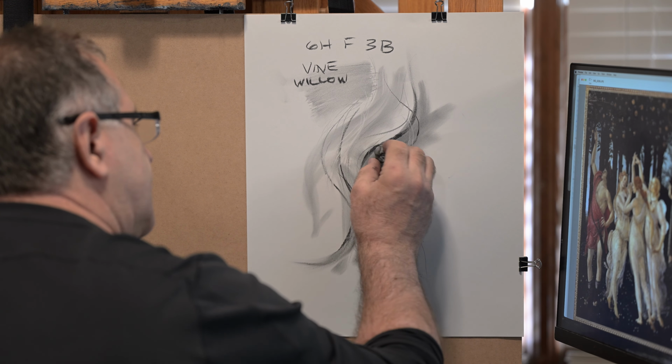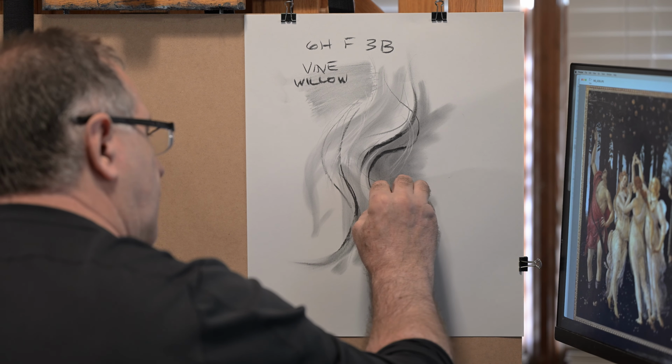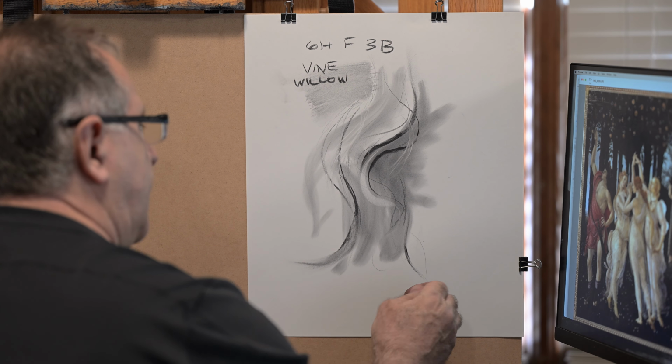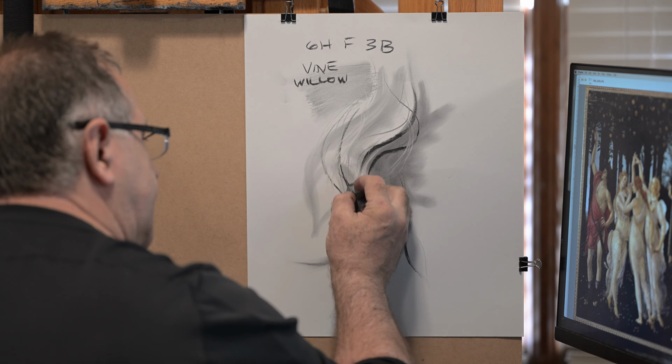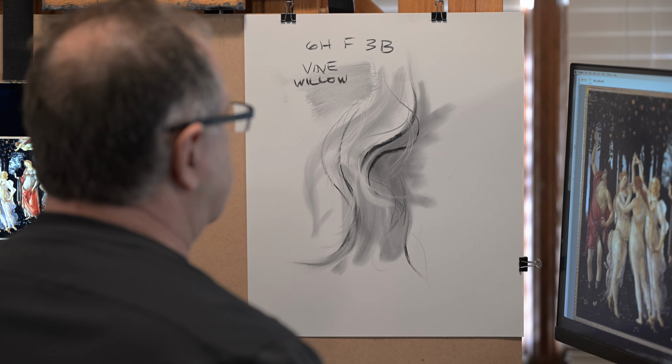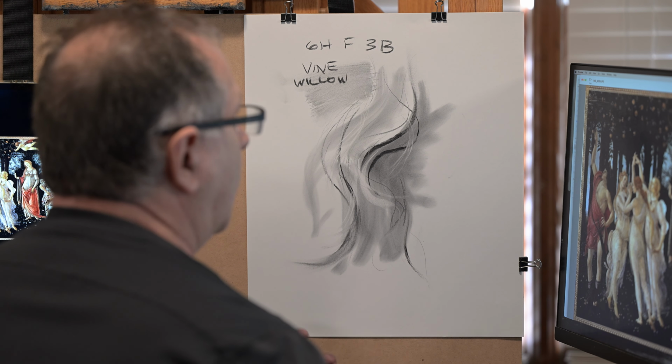So I can use the point and then go fatter and then thin again, lifting the eraser up and building. What we're getting from Botticelli's Primavera is a beautiful variation of line weight. And it's just beautiful.